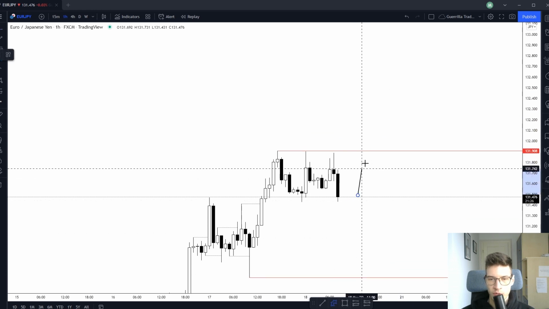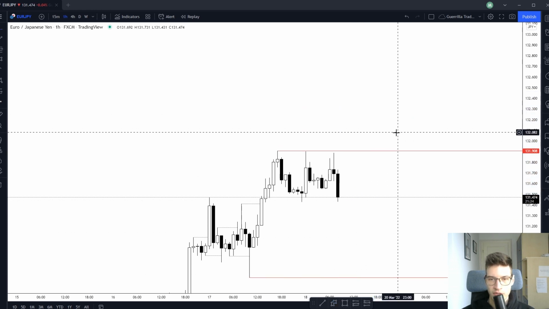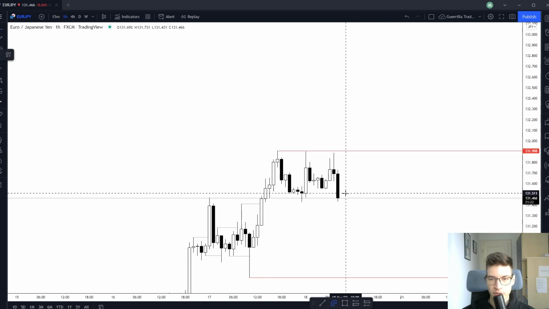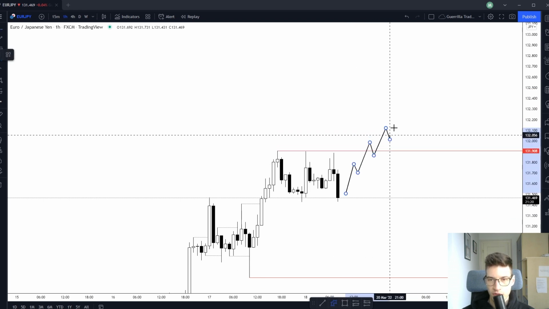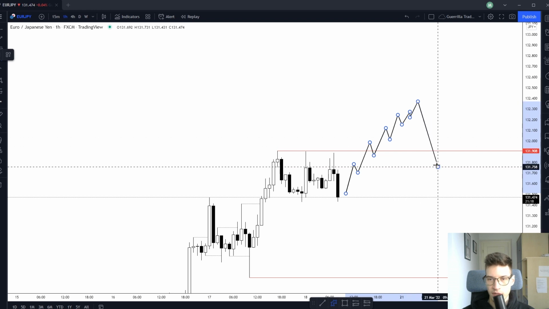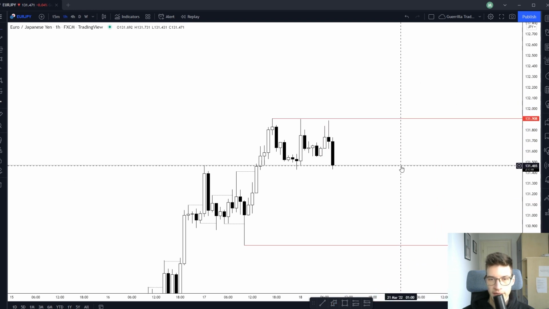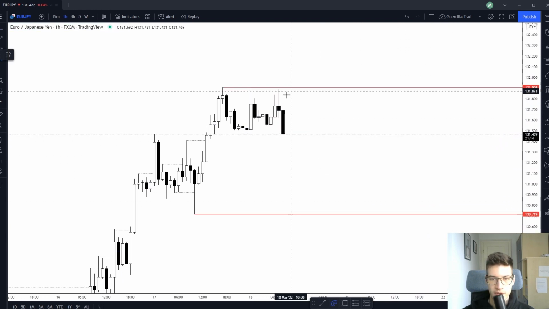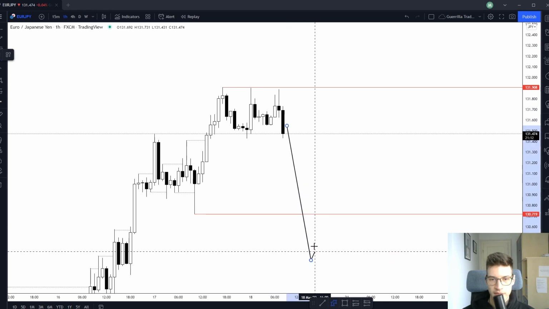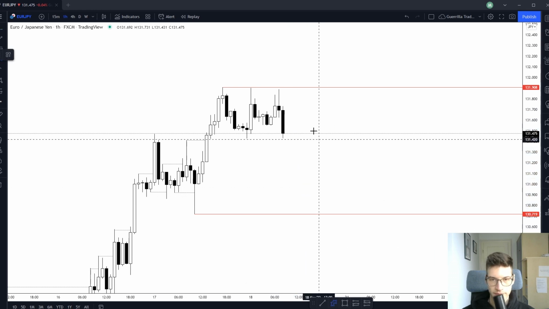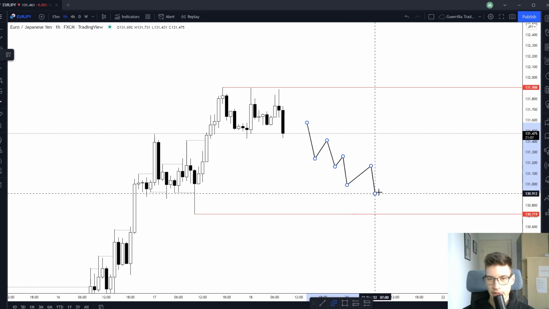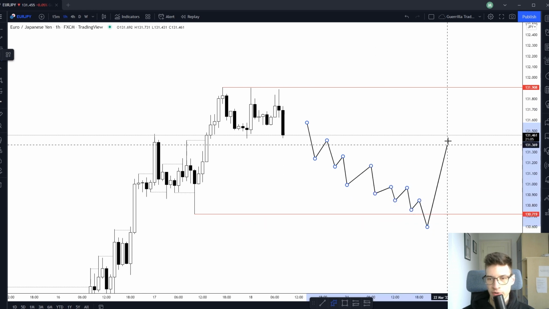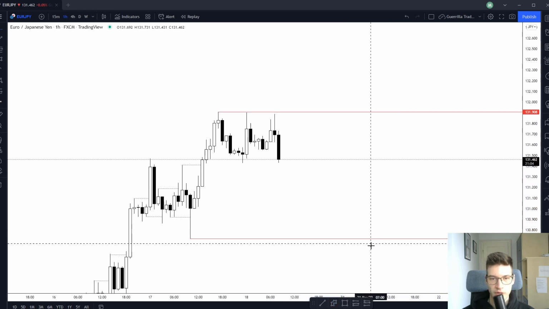Or if we get a push, pullback, another push, break and retest trade would be very, very good. Or if we get that ascending structure, then a reversal, I'm also looking for that. Or same thing to downside, if we get a large impulse, then I would consider taking a short trade. If we get a descending, I'm looking for a reversal and a trade to go long.